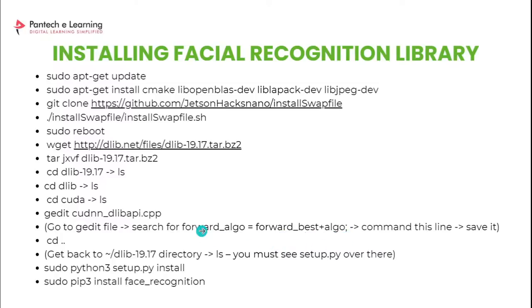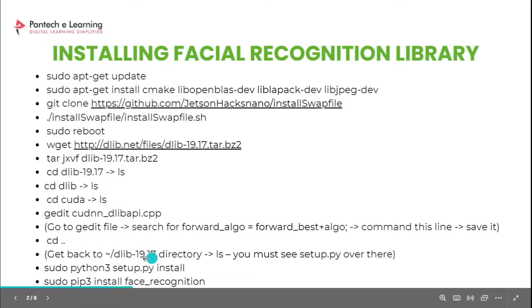You need to comment out this particular line. That is the mandatory step. Then get back to the directory, where you can see something like setup.py. Then run these two steps: sudo python3 setup.py install and sudo pip3 install face_recognition. This is how you can install everything.